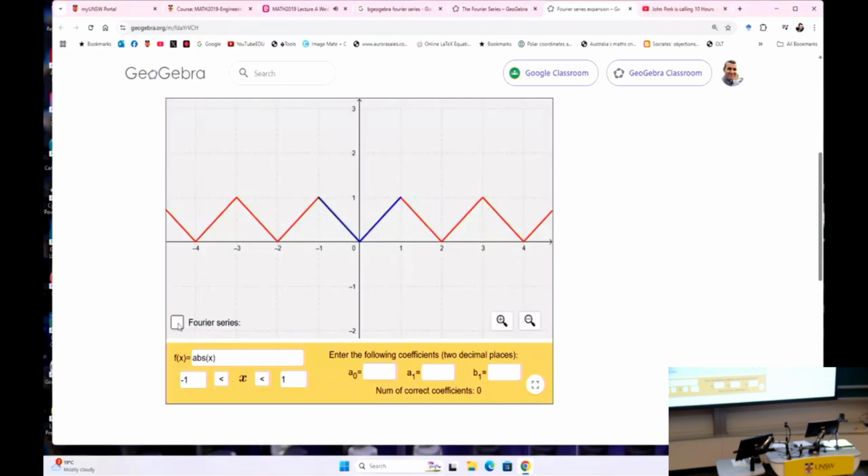What is half the period? 1. People go, Professor, you have made a mistake. The period is 2. I'm like, yes, I know that. Half the period is 1. And then you put that into the formula, right? So we're interested in the period, but really from a computational point of view, it's half the period that we're interested in. Okay?